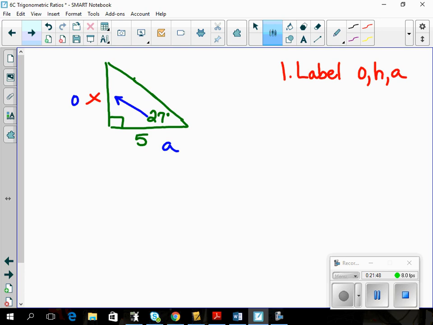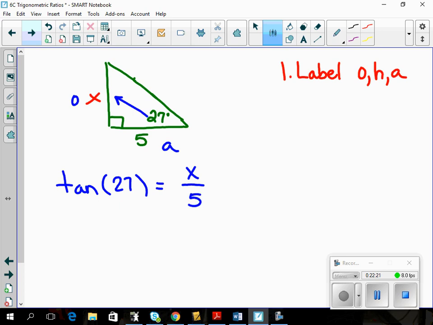Sine, cosine, or tangent? That's tangent. SOH CAH TOA. TOA is tangent. So I'm going to say the tangent of, what's going to go inside those parentheses? The angle measure. Good, 27, is equal to, now I have to write my ratio or my fraction. So what's the ratio? x over 5. Very good.